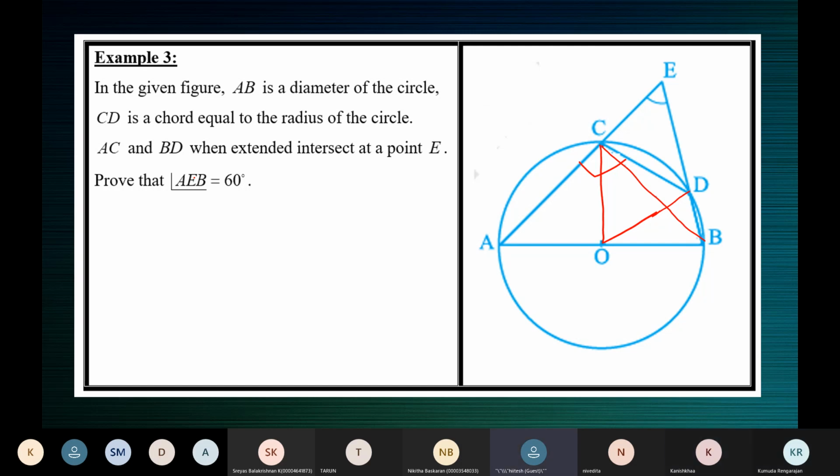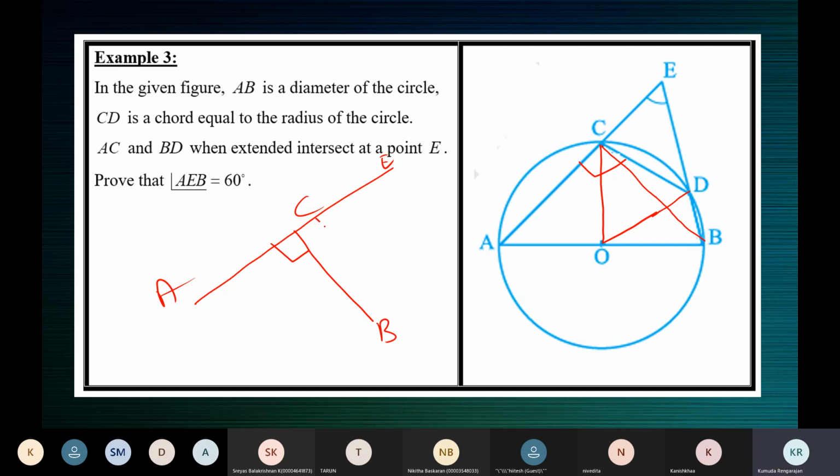BCE. See here, I'll show you. We say ACB is 90 degrees.